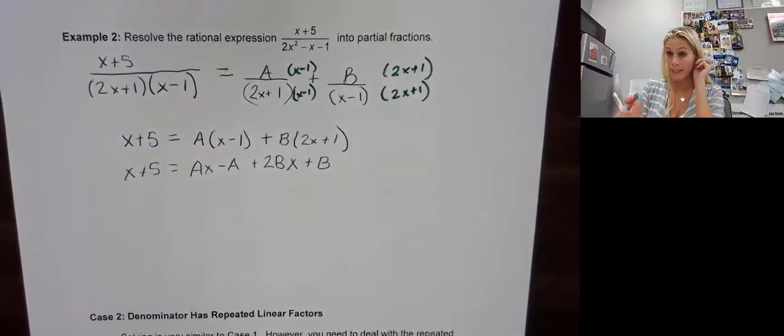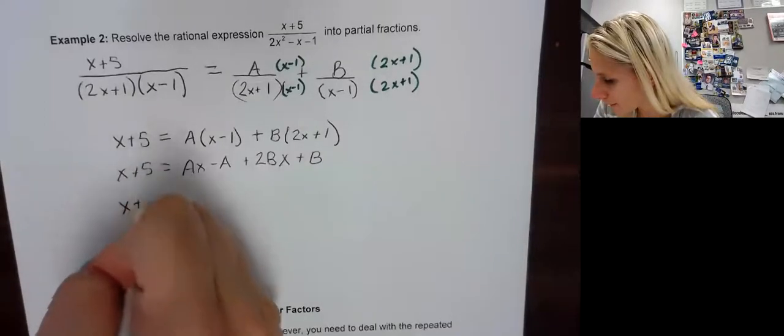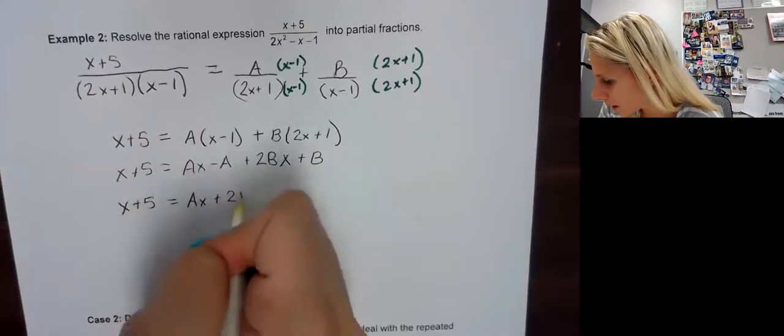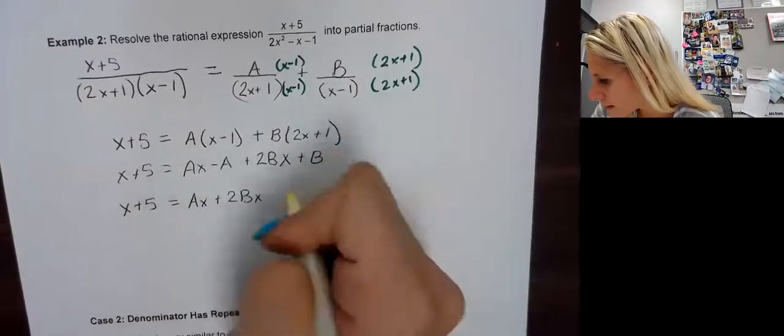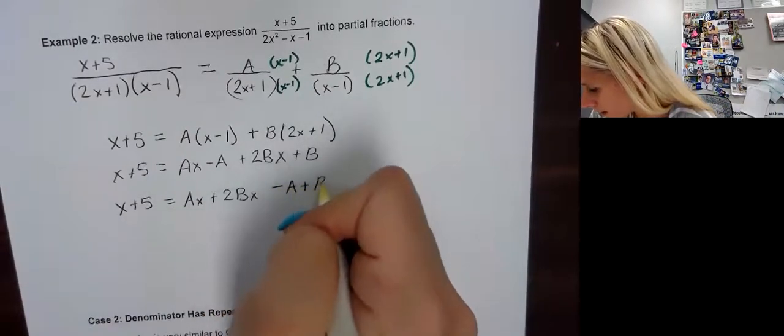Remember what we did next? We put our x's together and our constants together. So x plus 5 equals ax plus 2bx minus a plus b.